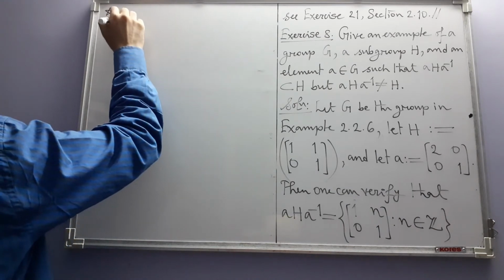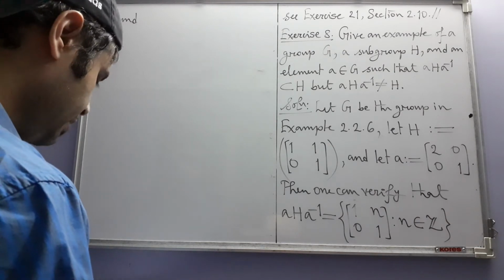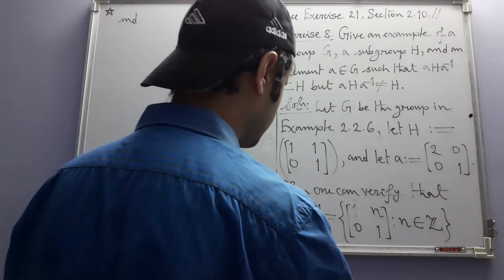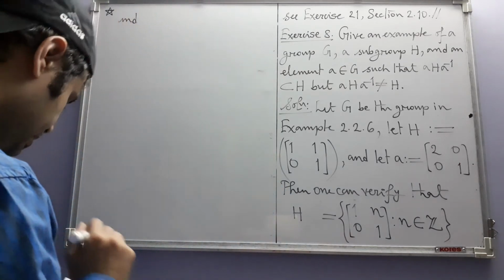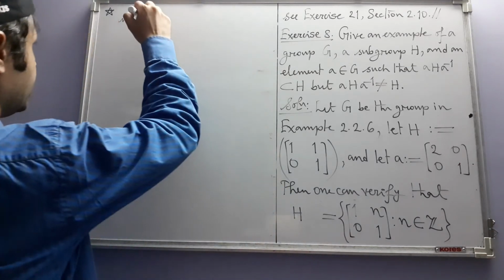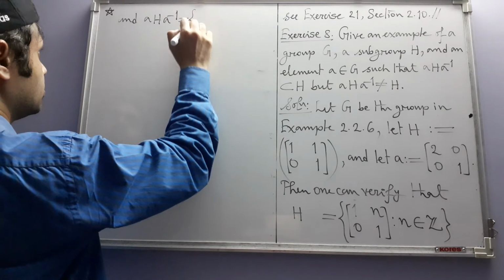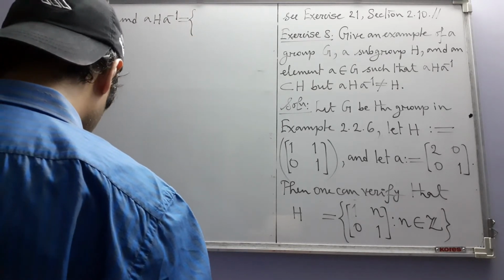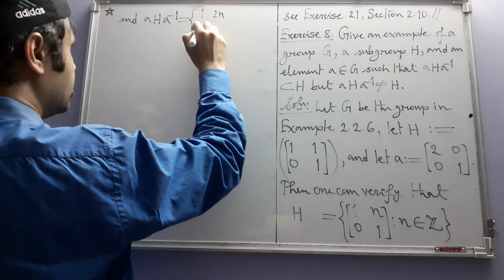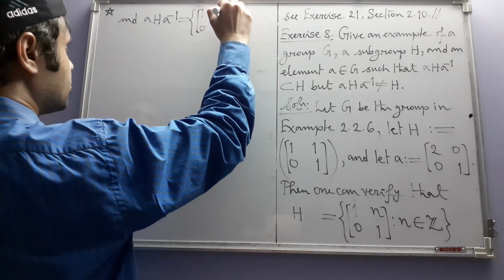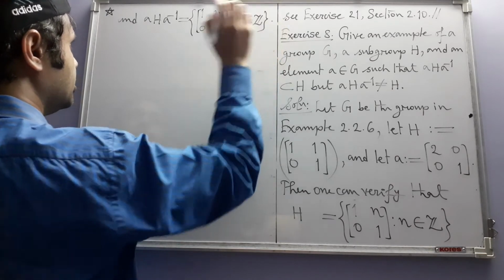And A H A inverse, no, this is not A H A inverse, this is H. A H A inverse will come down, and A H A inverse turns out to be equal to again such a group, but here the matrices look like this: 1 2n 0 1, and n still varies over the set of integers.